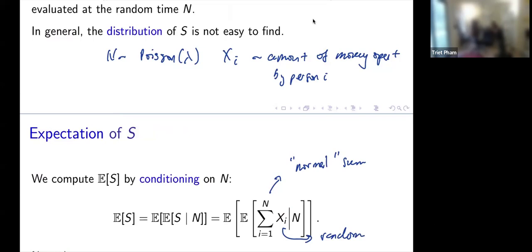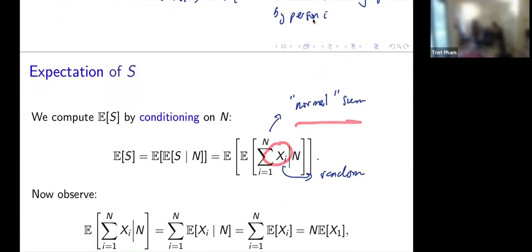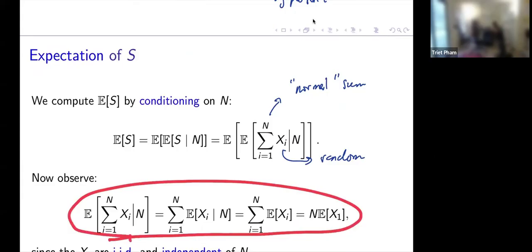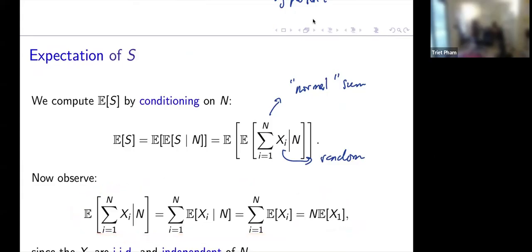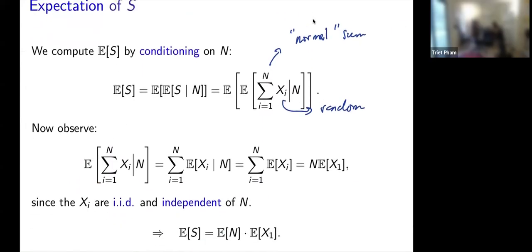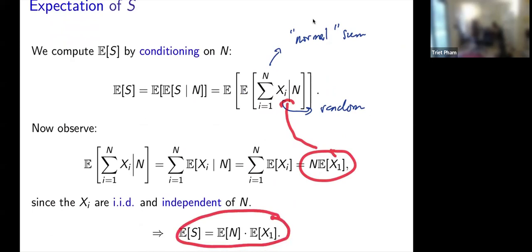So within the inner conditional expectation, you can operate with it just like a regular sum of IID random variables. That's the key. Then if you plug this in here, the outer expectation will be evaluated like this.